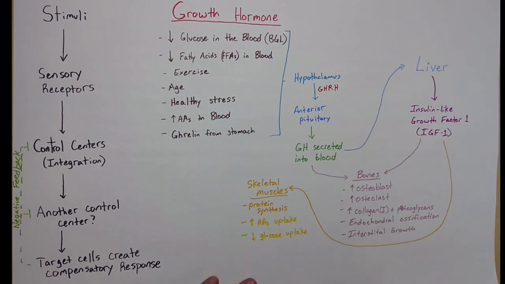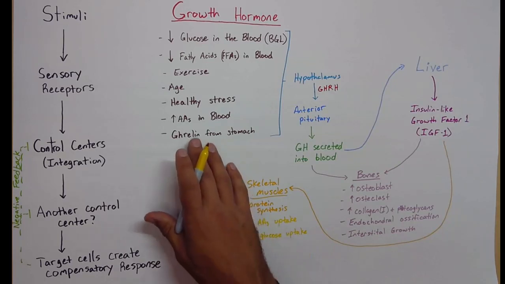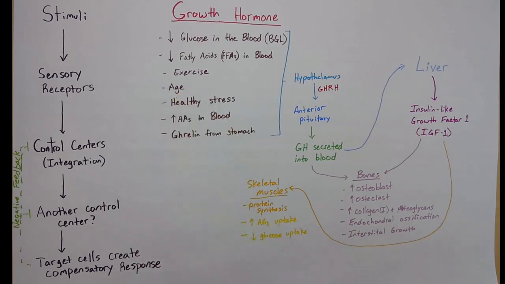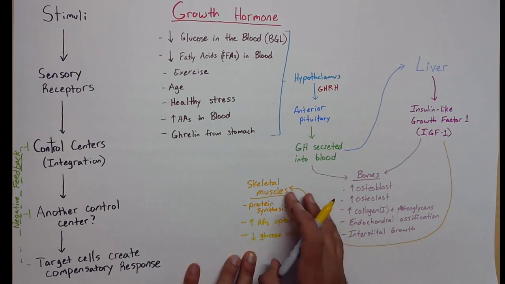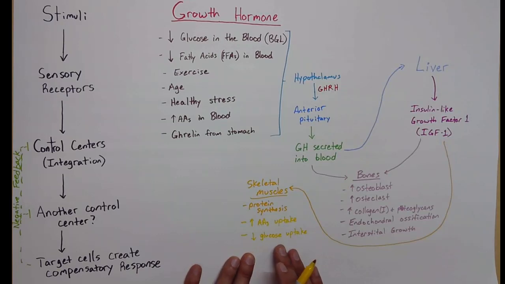It's sparing glucose for your brain, for instance, because if we're in a state of starvation or exercise, we need it spared, especially for places like the brain. Some of this glucose is still going into the skeletal muscles. I'm not saying it completely stops. It just decreases the overall glucose uptake.